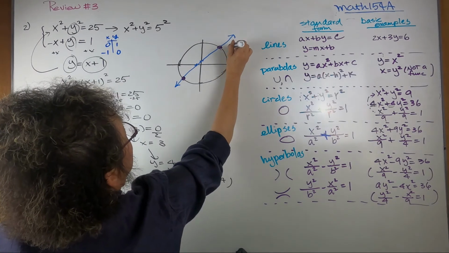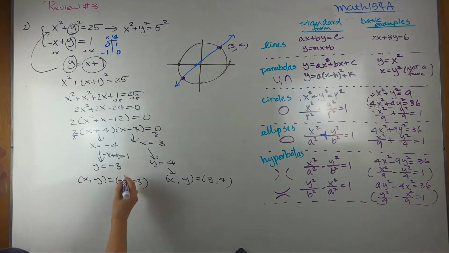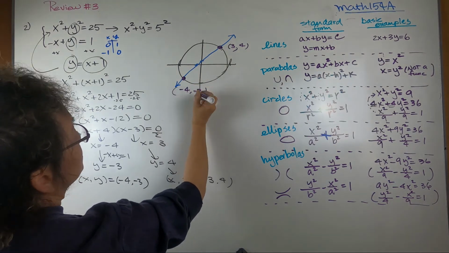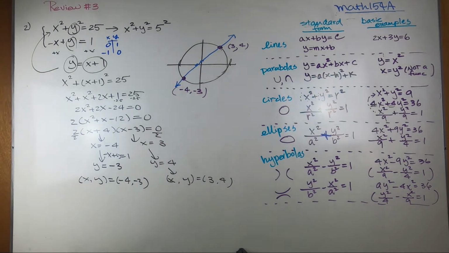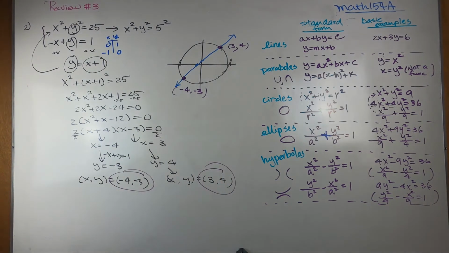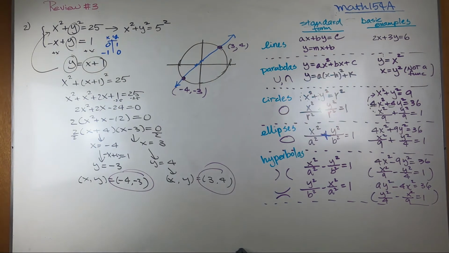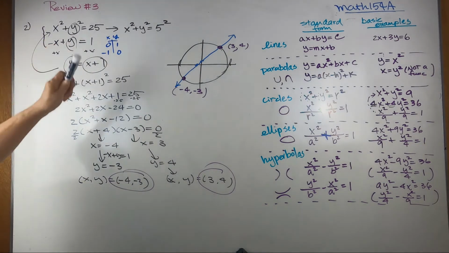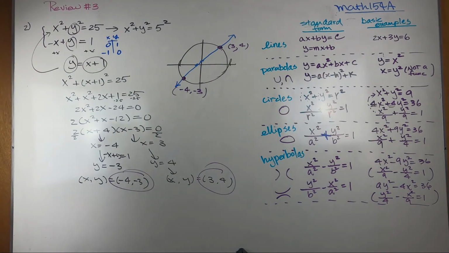Here will be 3 and 4. Here will be -4 and -3. Those are the points and solutions for your nonlinear system of equations. One is linear, one is a circle, nonlinear.